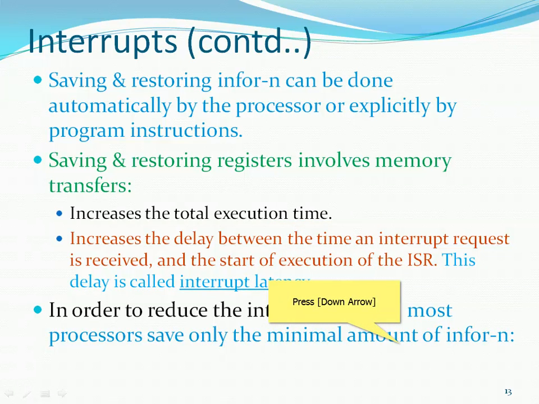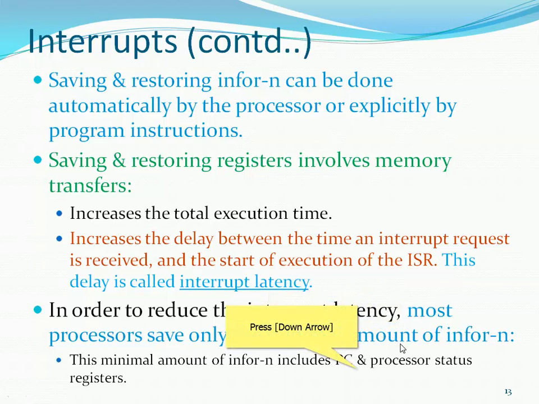In order to reduce the interrupt latency, most processors save only a minimal amount of information, right? This minimal amount of information includes the program counter, processor status register, the condition codes, and flags information. These are the minimum information most essential, so that it can be put safely.